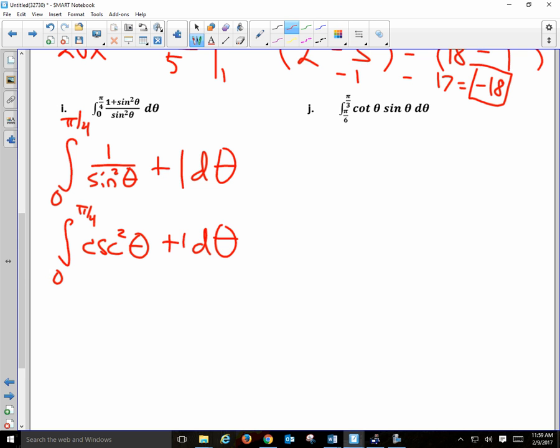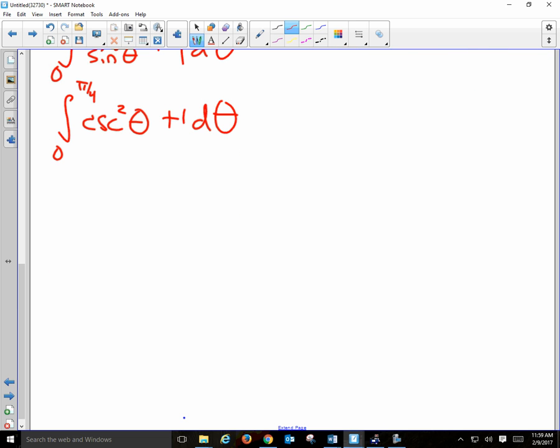Do we know what the antiderivative of cosecant squared is? Negative cotangent. What's the antiderivative of 1? X, or in this case, theta.